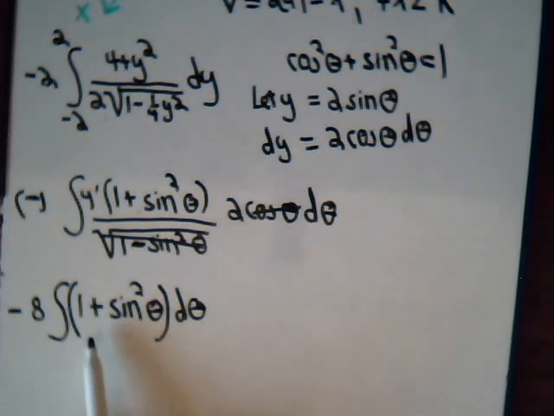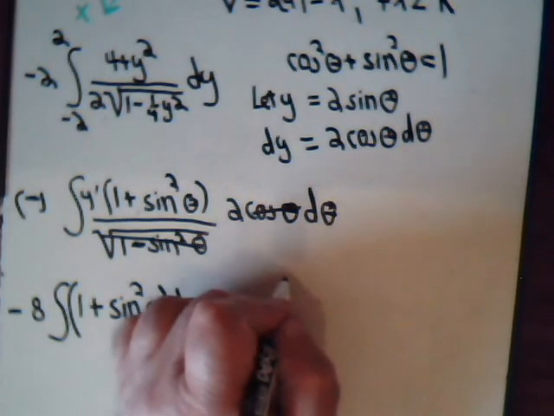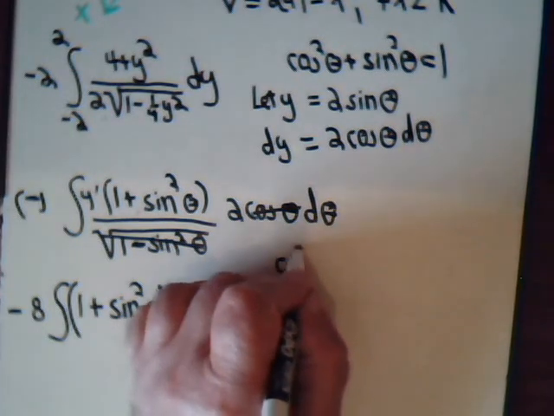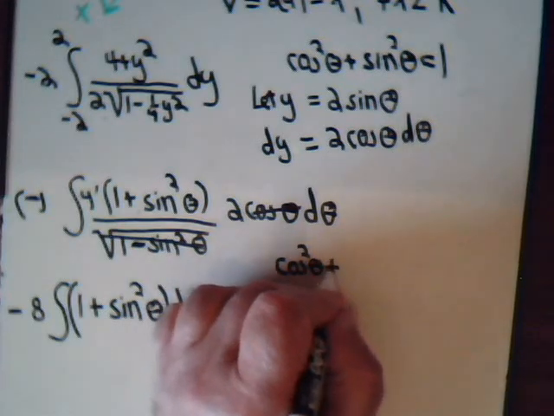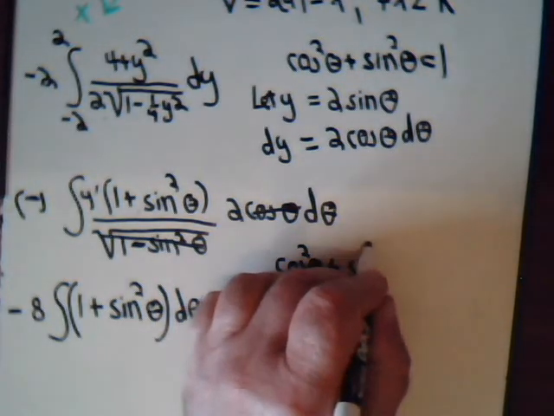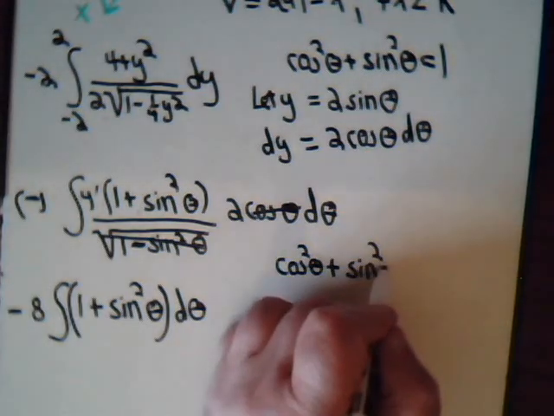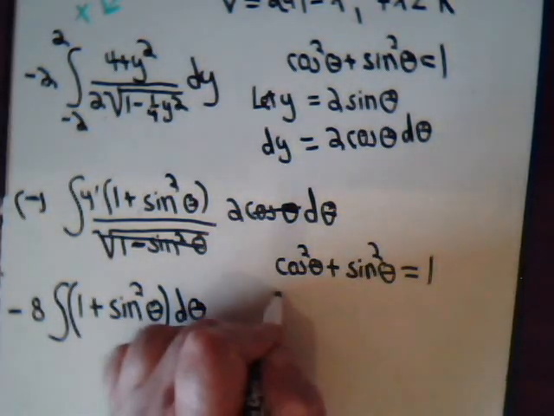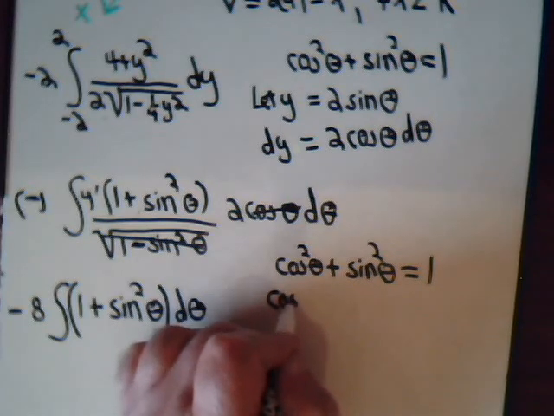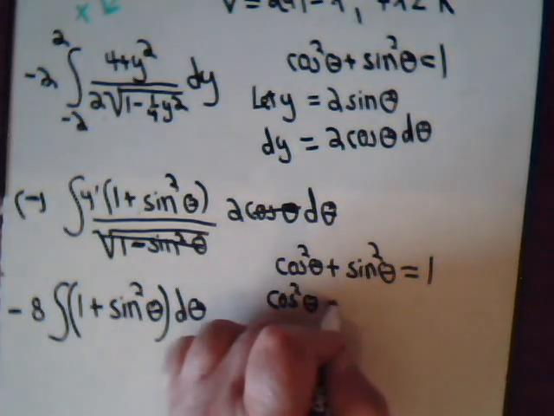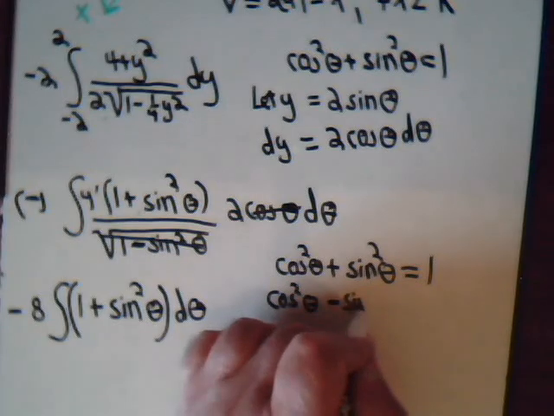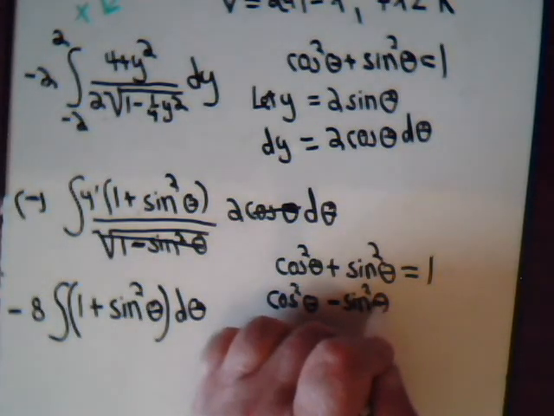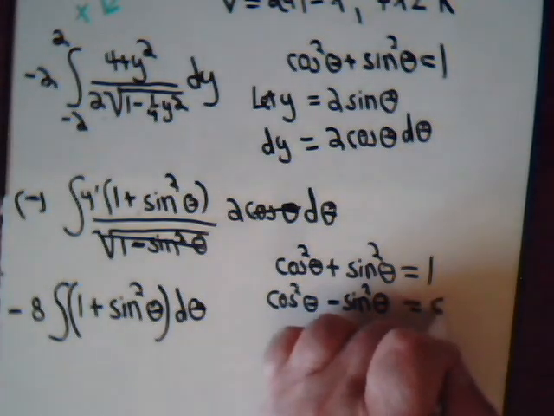Now, to handle this part, remember that cosine squared theta plus sine squared theta equals 1. I'm going to try this approach, not that this is the only approach. And the difference of them, the cosine squared theta minus the sine squared of theta, that's the cosine of 2 times theta.